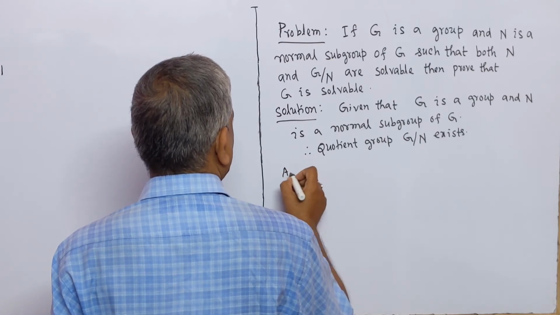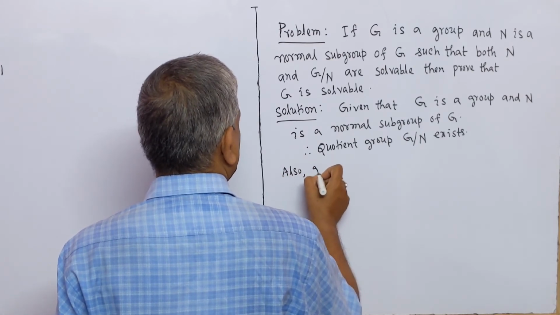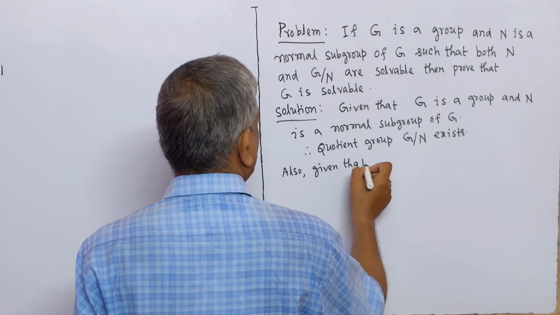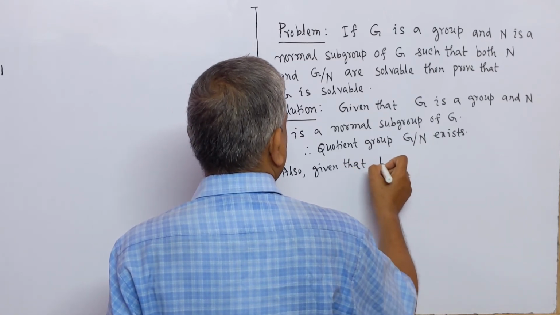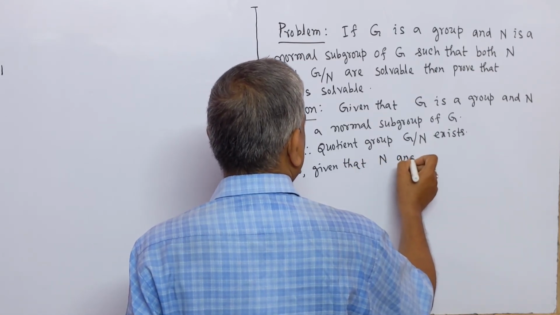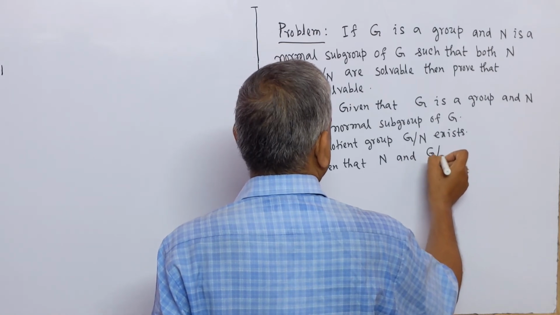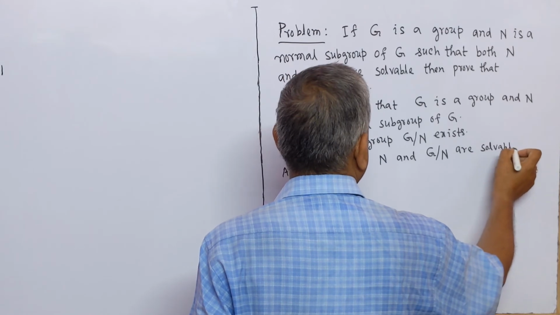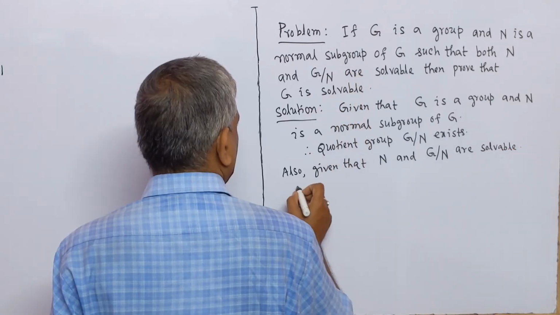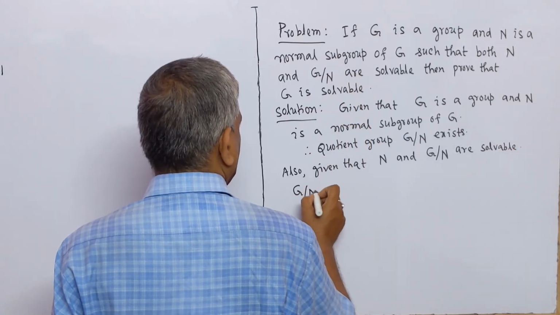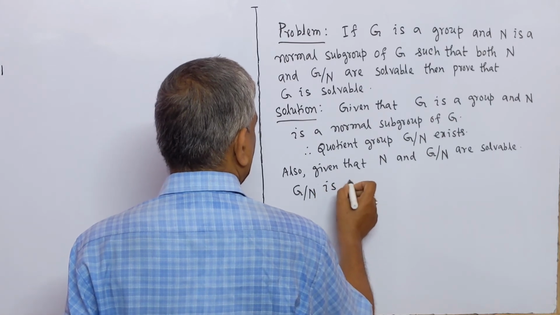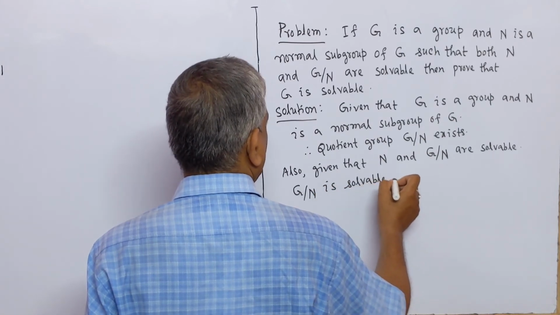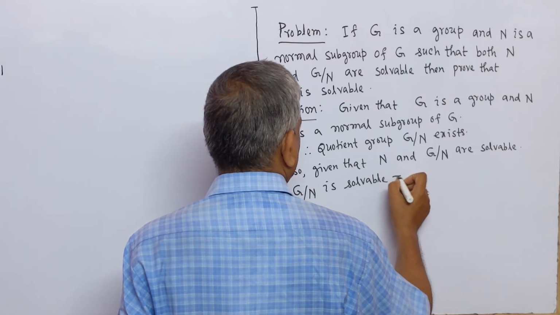Also, given that N and G by N are solvable.